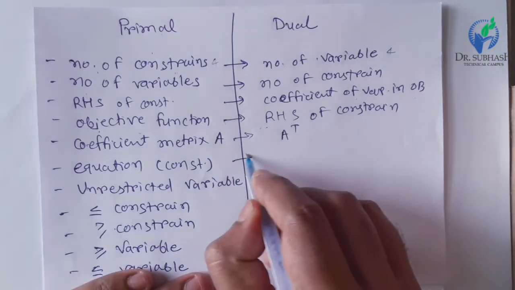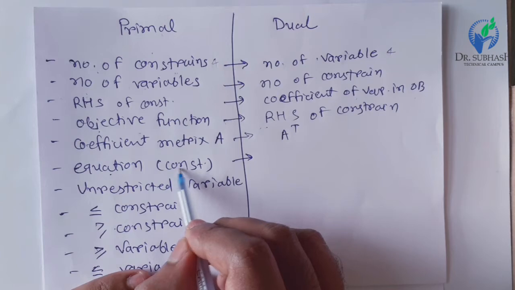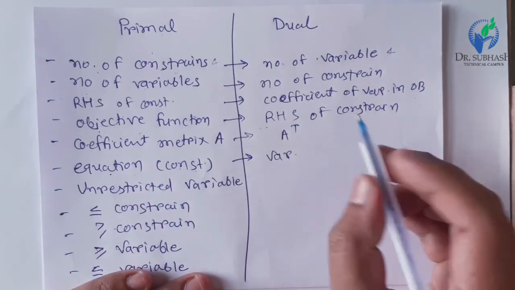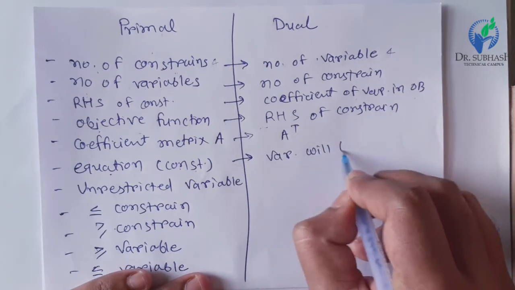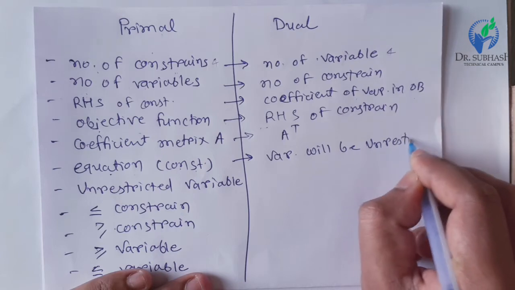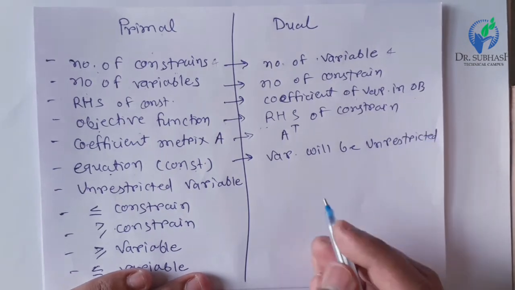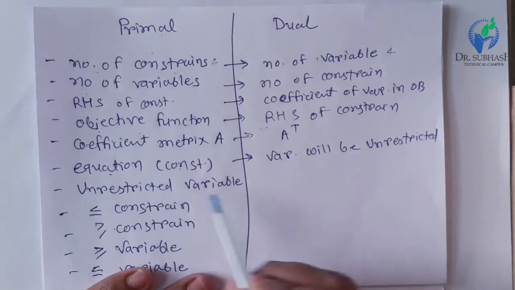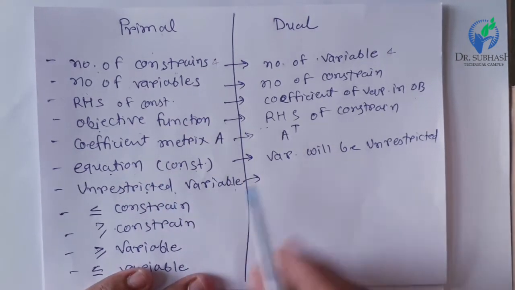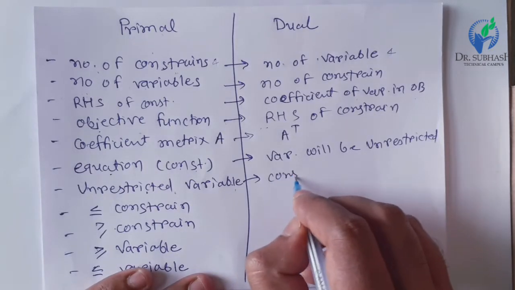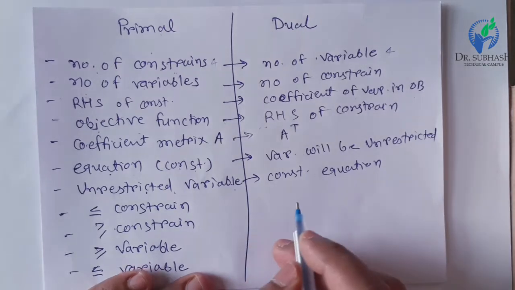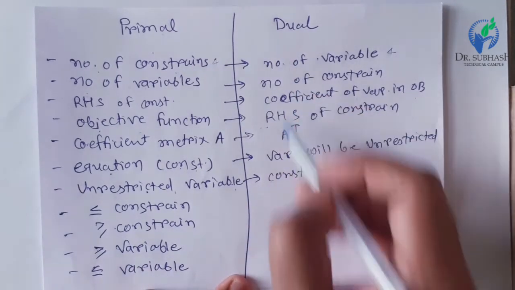Then an equation type constraint will make the related variable unrestricted in sign, and vice versa: an unrestricted sign variable will make the related constraint an equation type constraint.